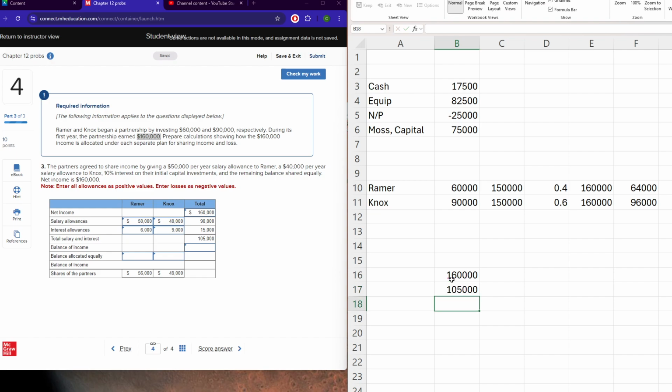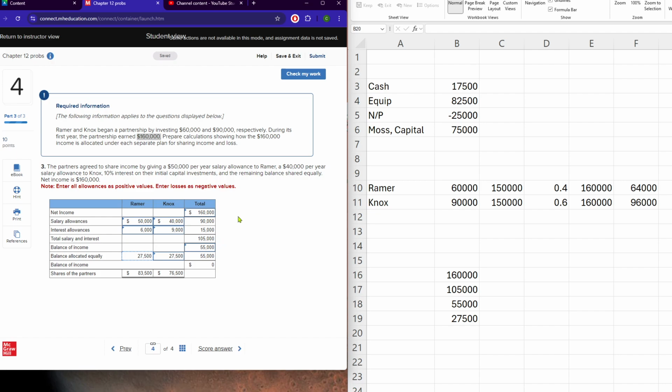Now we go, looking better now. So the amount that we're going to split between these two is going to be the 160 minus the 105. So $55,000. We'll divide that by 2. Looks like it should be 27.5. This will be that 55.